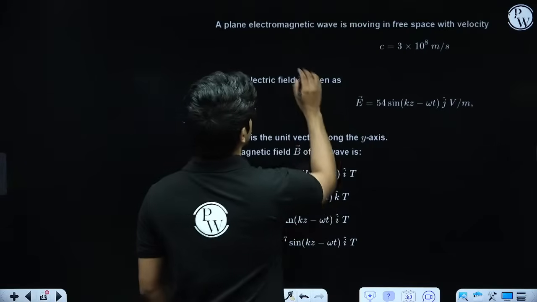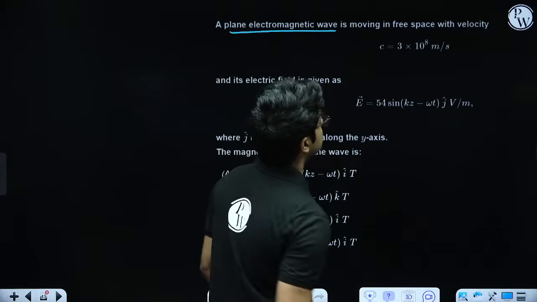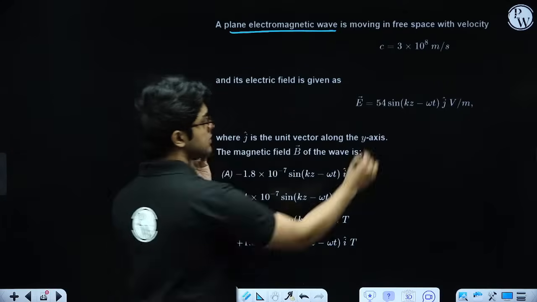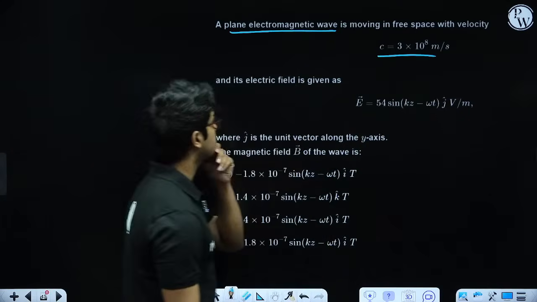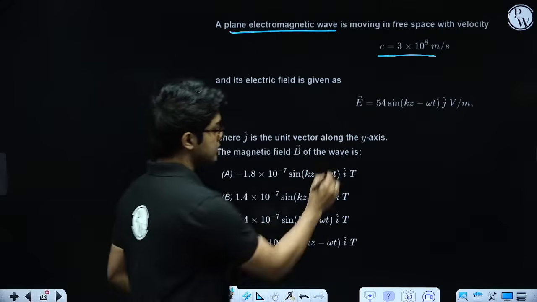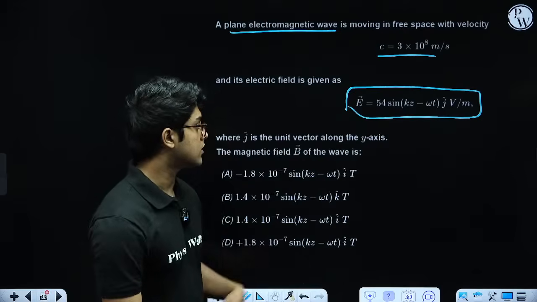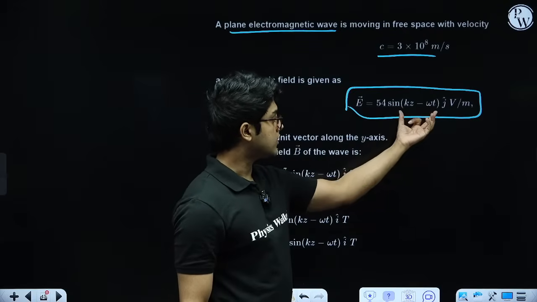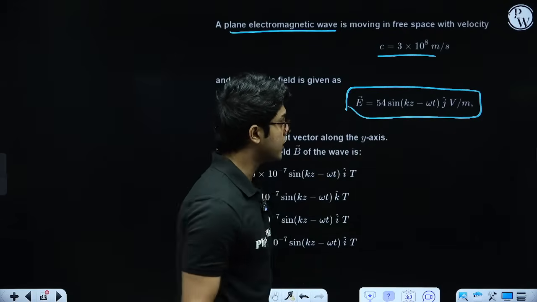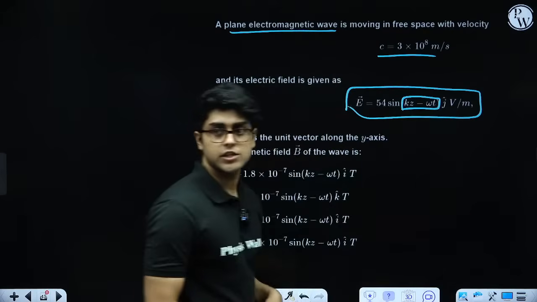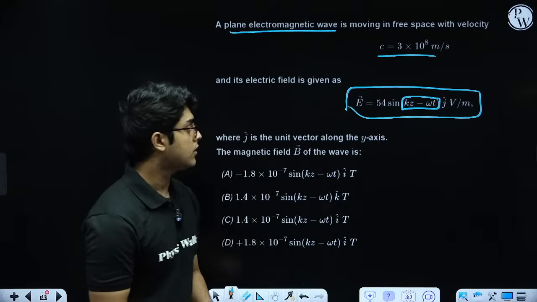So here we have a plane electromagnetic wave moving in free space, which means the speed is c. The electric field function is given, and as we discussed earlier, whenever we have kz minus omega t inside the sine, this helps us determine in which direction the electromagnetic wave is propagating.